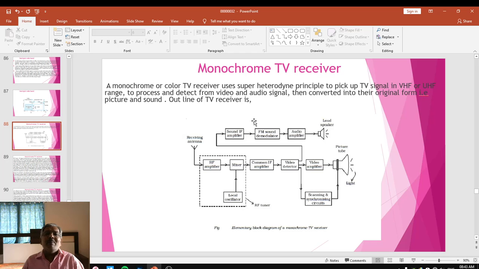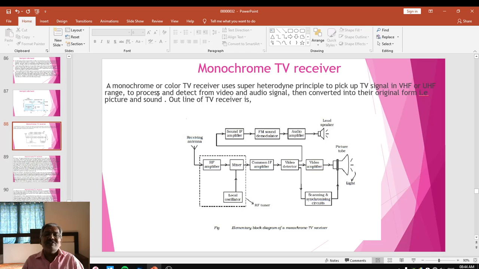Thus, we can say, monochrome, or it may be a color television receiver, uses the superheterodyne principle to pick up the television signal, that means audio as well as video signal, along with vertical and horizontal sync pulses and blanking pulses, that is known as composite video signal in the VHF or UHF range. VHF means very high frequency and UHF means ultra high frequency range.